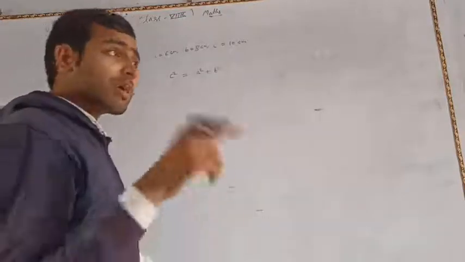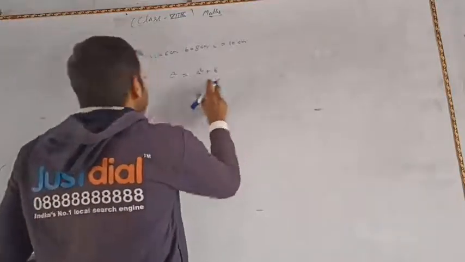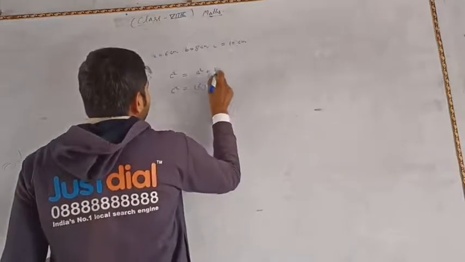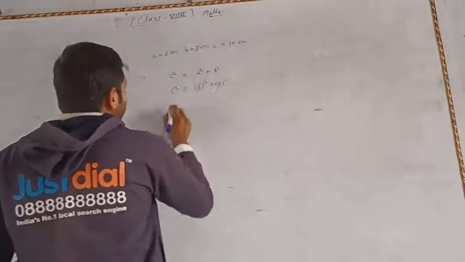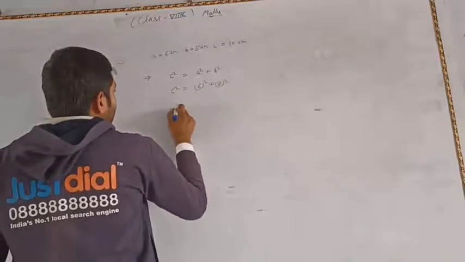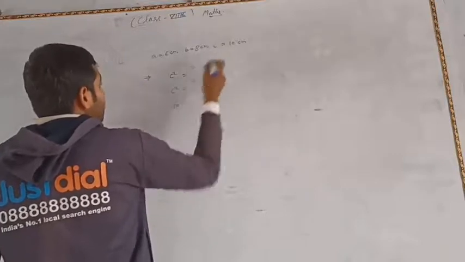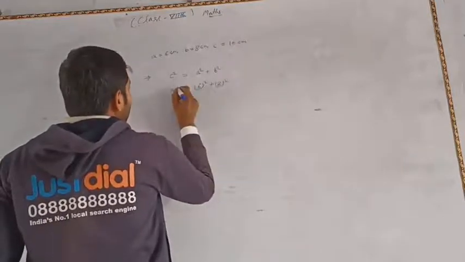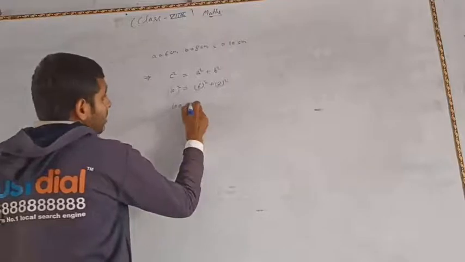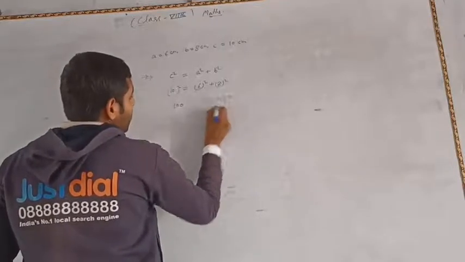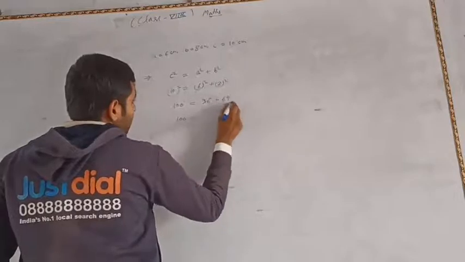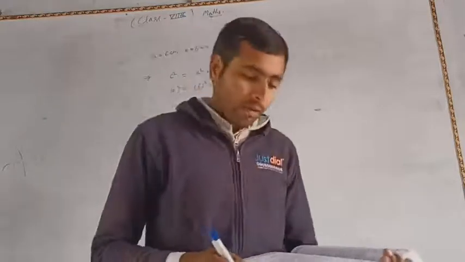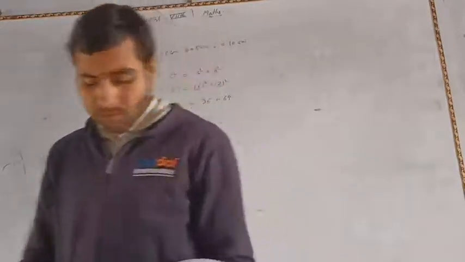C square is 10 square, which is 100, and A square 6 square is 36 plus B square 8 square is 64. 36 plus 64 is 100. So 100 is equal to 100, so this satisfies the property.